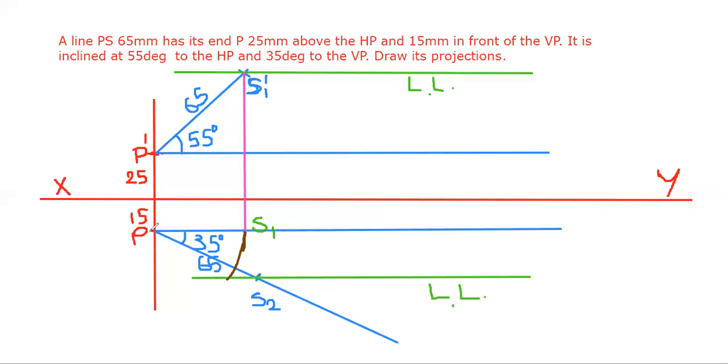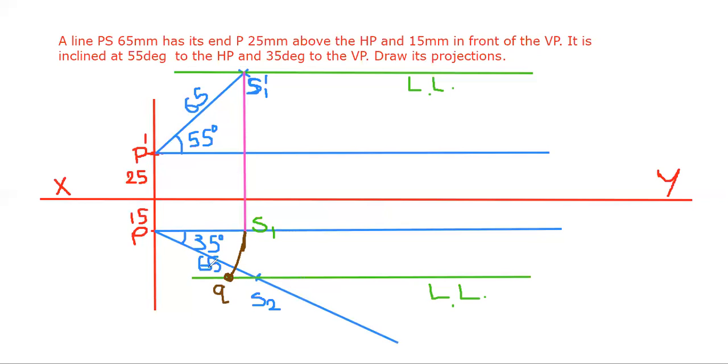This is an arc. P as a center, PS1 as a radius, one arc you have to draw, which will cut the locus line at one point. Name that point as Q, right?